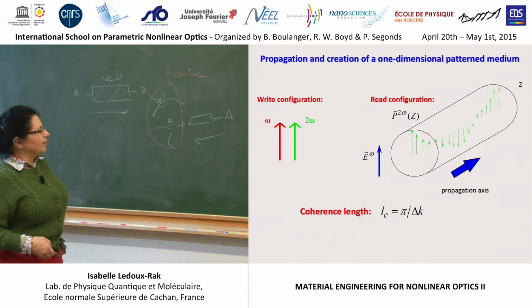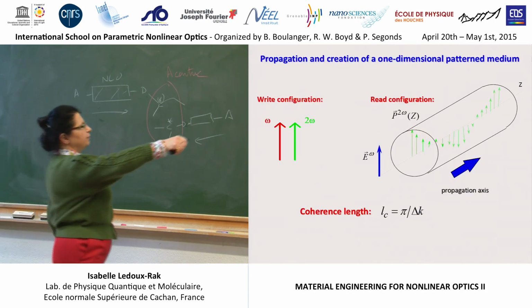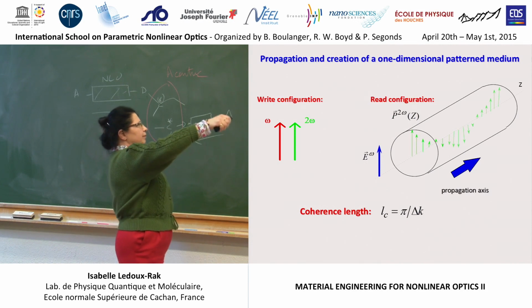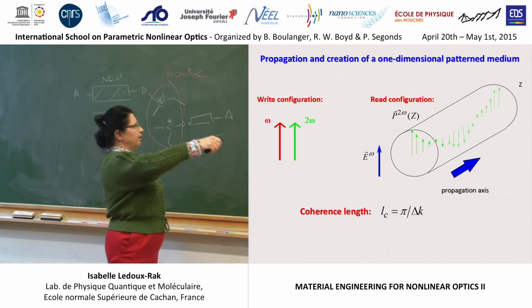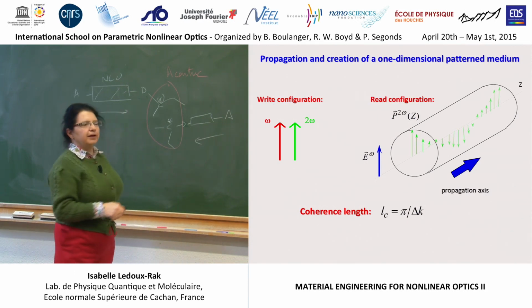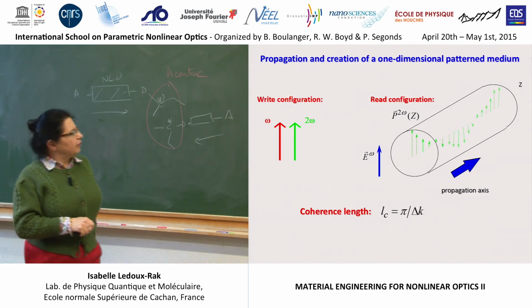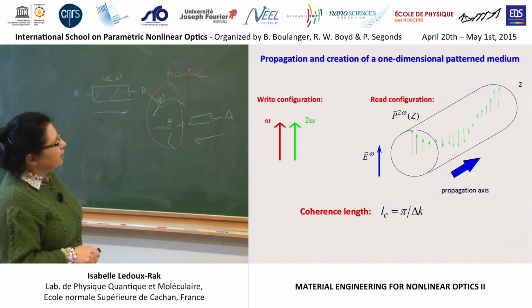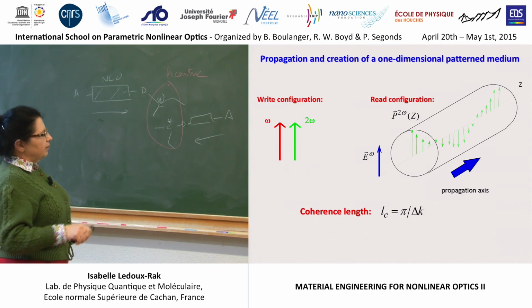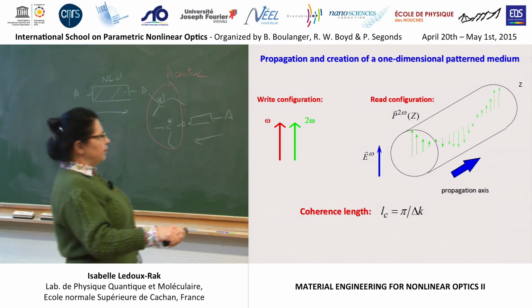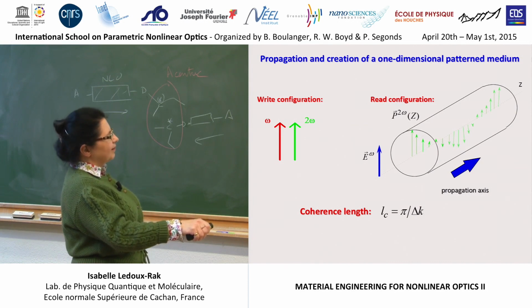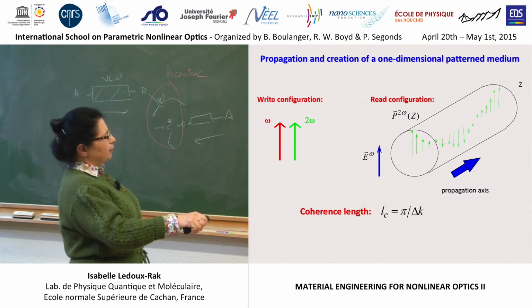happens practically when you have the right configuration with 2 linear polarizations at omega and 2 omega, taking them parallel to each other. I'm sorry, the contrast is not very good, but you can see that with this periodic factor, the result is that you have a periodic polar orientation of molecules.